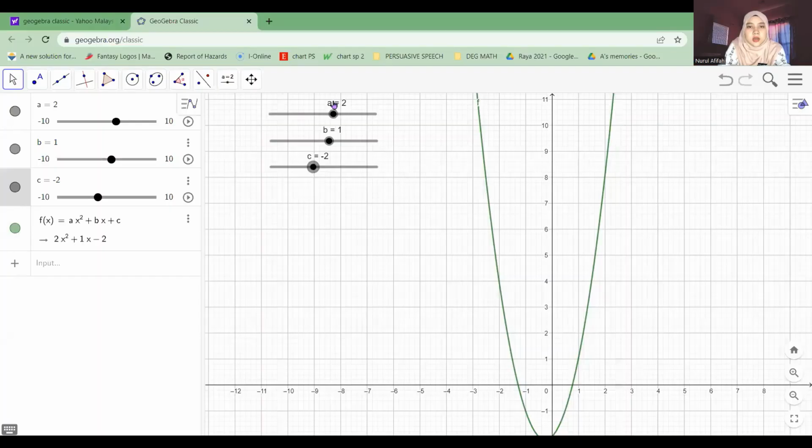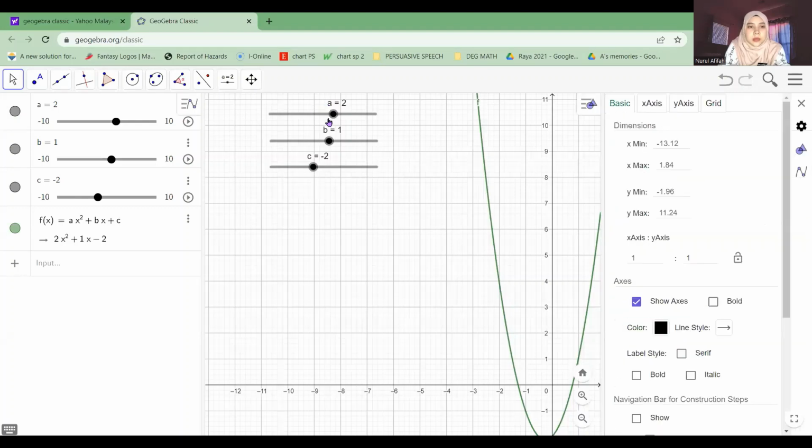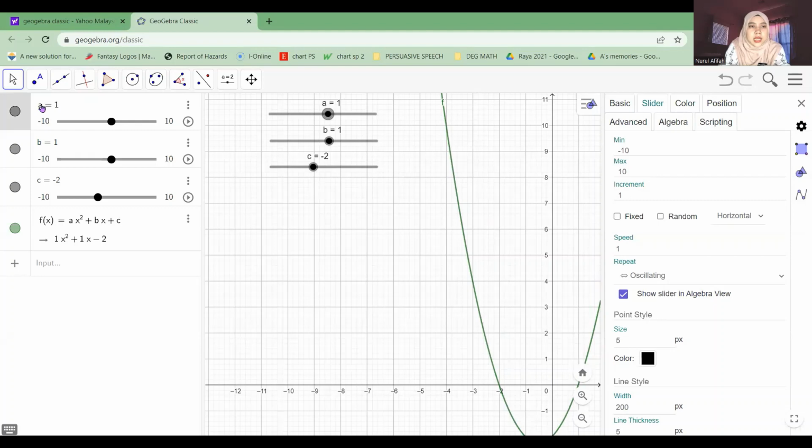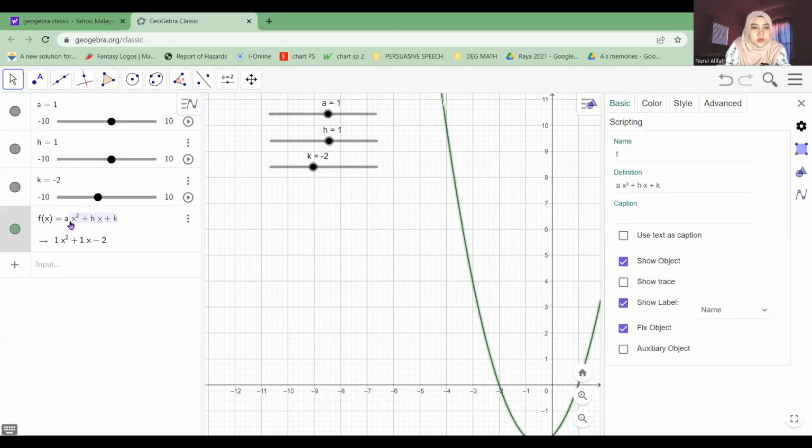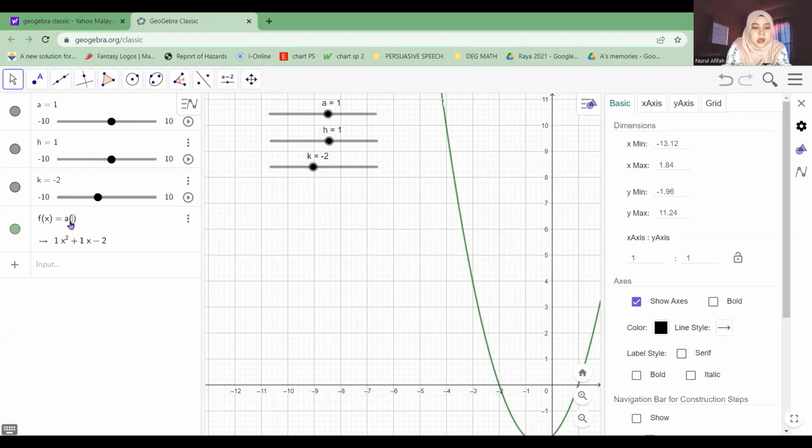I want you to change the name of this slider, which is B, to H, and C to K. And this formula, you change it into f(x) equal to a(x minus h) power of 2 plus k.